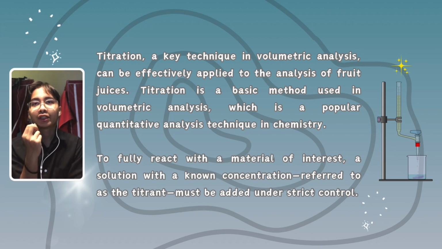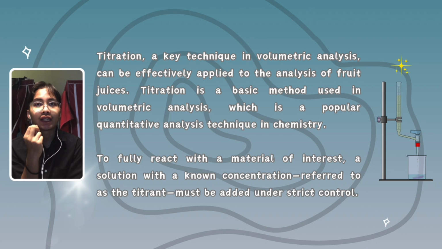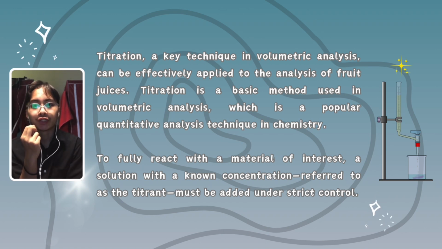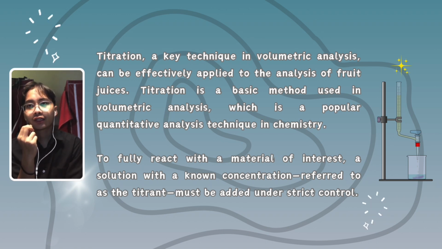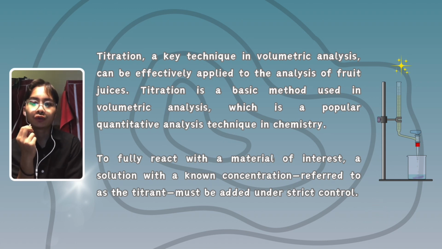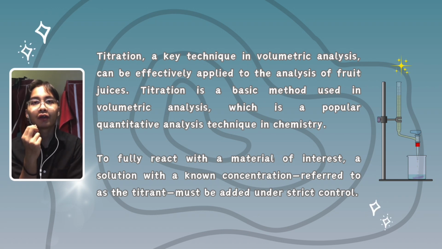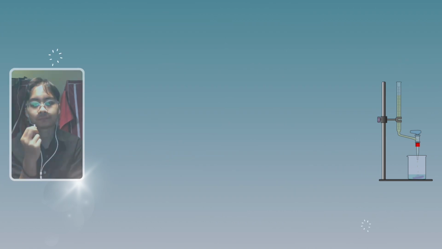Titration is a basic method used in volumetric analysis, which is a popular quantitative analysis technique in chemistry. To fully react with a material of interest, a solution with a known concentration, referred to as the titrant, must be added under strict control.